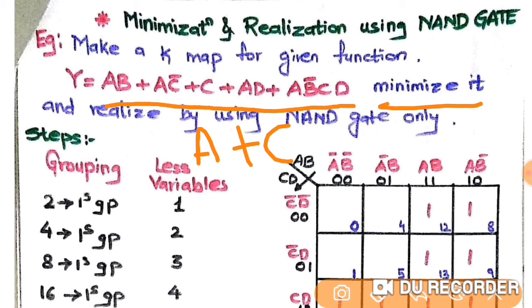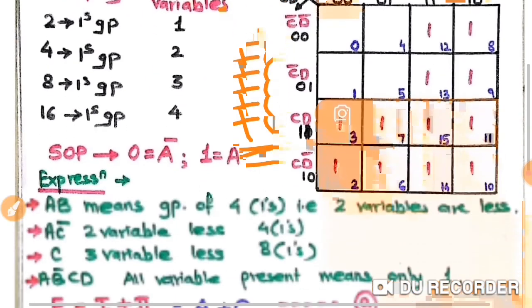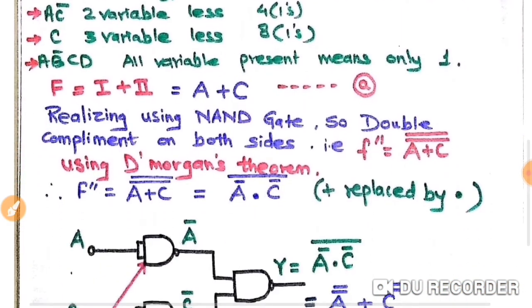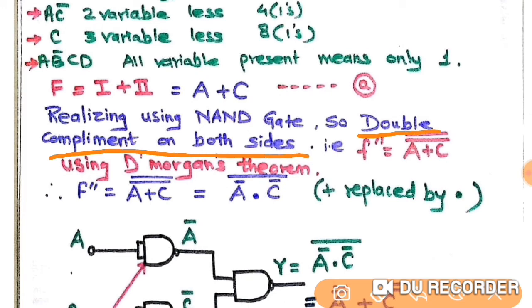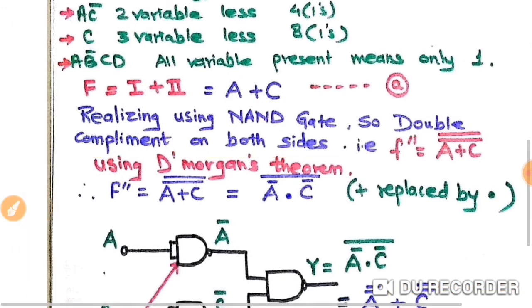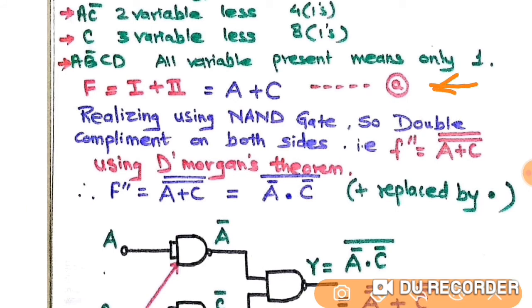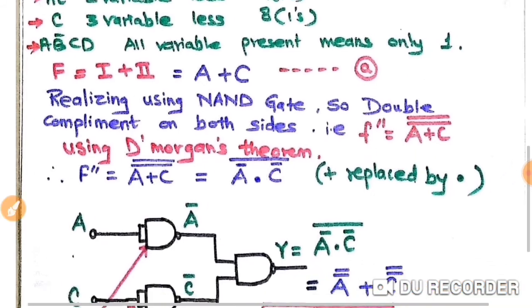Next part is to realize this A plus C using only NAND gates. So NAND gate, we know what a NAND gate is. For realizing it using a NAND gate, what we need to do is double complement on both the sides. So for this equation, we are double complementing it on both the sides.